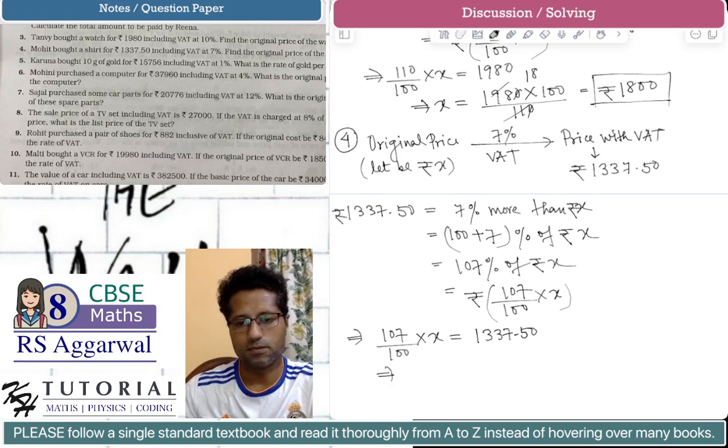So this implies X is equal to 1337.50 multiplied by 100 divided by 107.